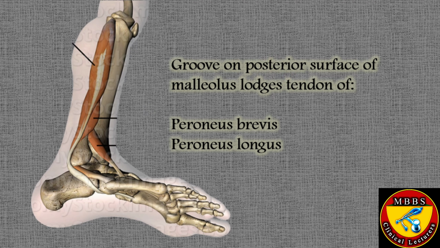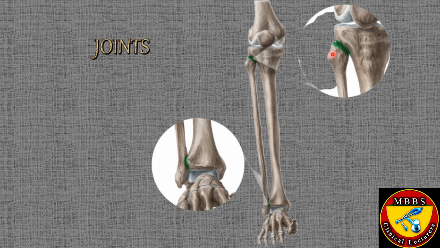Joints. There are three joints: the superior tibiofibular joint, the inferior tibiofibular joint, and the joint formed between the fibula and talus that participates in the ankle joint. So the fibula has three joints.